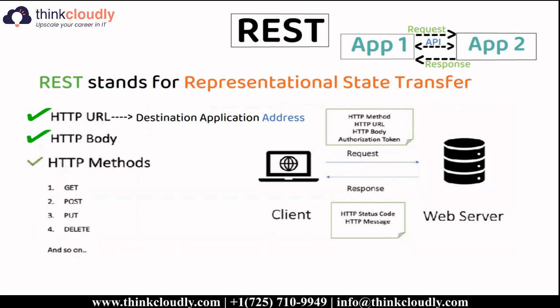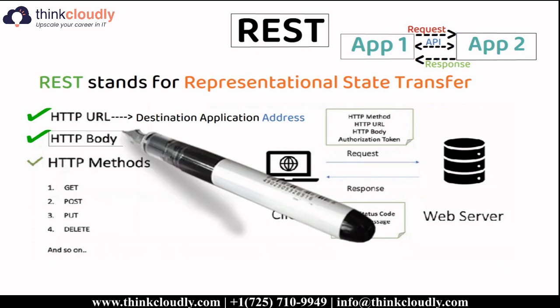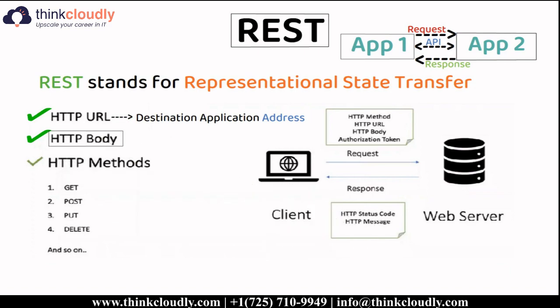So when you are trying to send a request, you have to send the details. Like if you are making a payment, then you have to send credit card information. You have to send other information about the user. So you will be sending it in the body. So there will be a body which will contain all the information about credit card, about different information which needs to be sent to application 2.